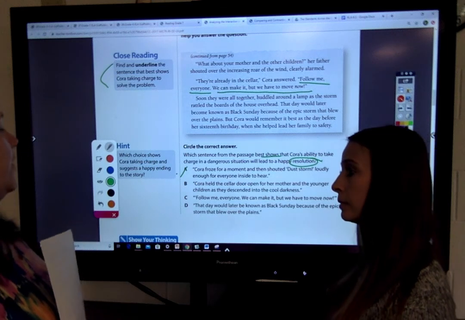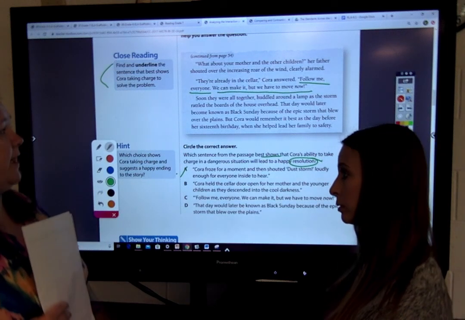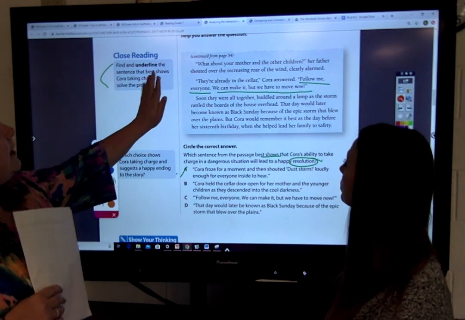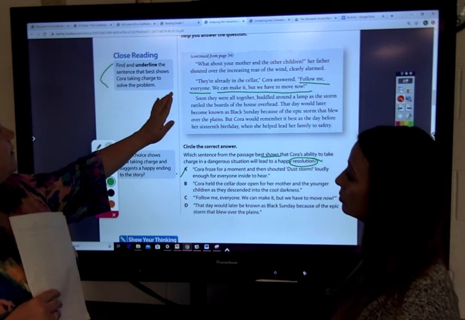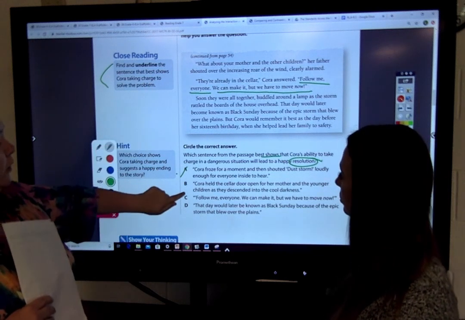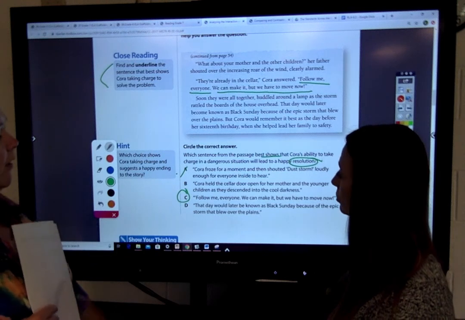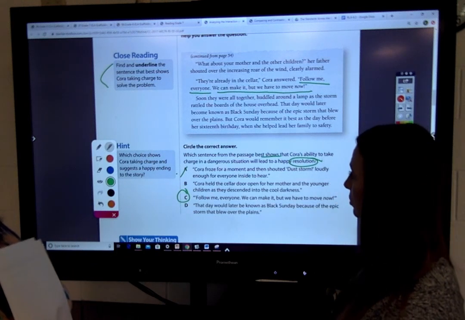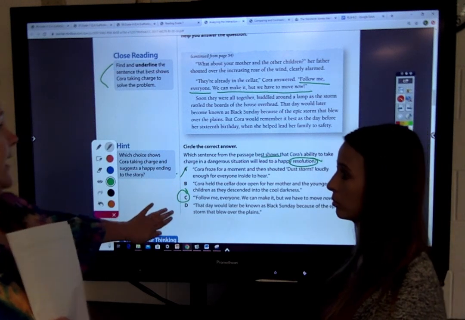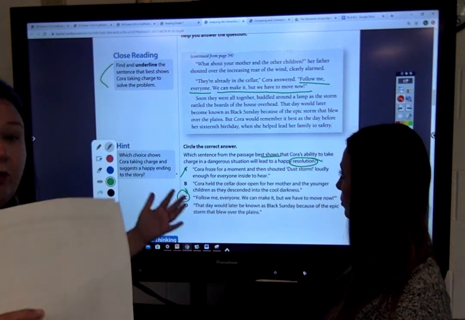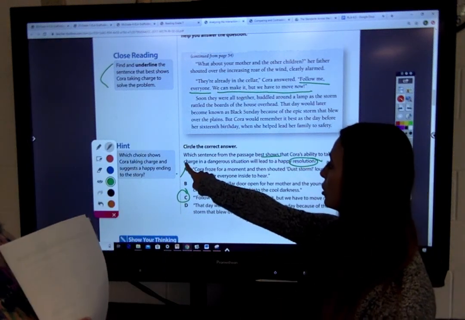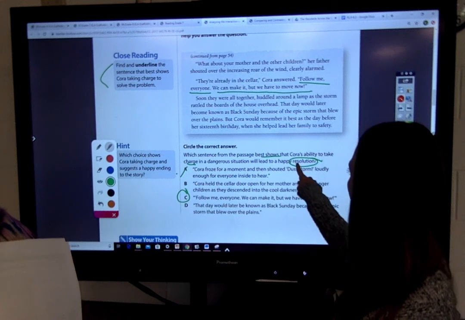"Follow me, everyone. We can make it, but we have to move now." Okay, so if we underlined this sentence that shows where she took over, look how these correspond. If we think that's the answer, it's because she's saying follow me, she's telling them to come on. She's taking charge. And is it leading to a happy resolution?